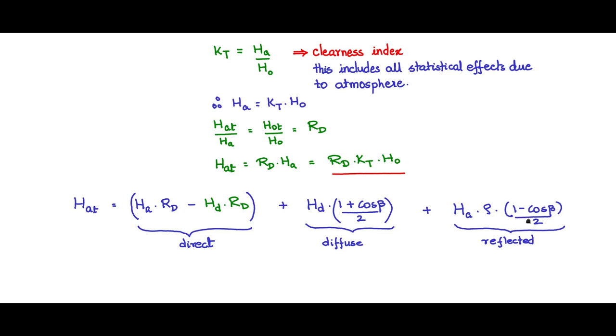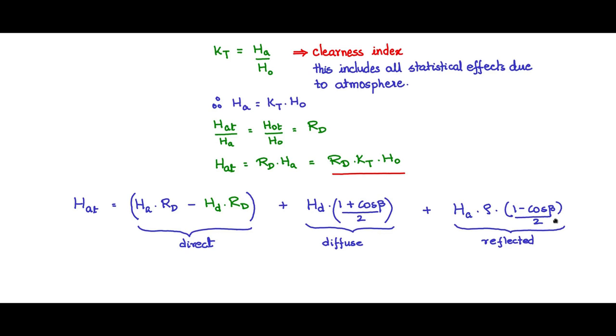So you see that there is a lot of empiricalness which is brought into this relationship, but you cannot help it because of the uncertain nature of the locality and the climate. However, you should note that the direct portion is the dominant component of HAT, of the total incident energy.